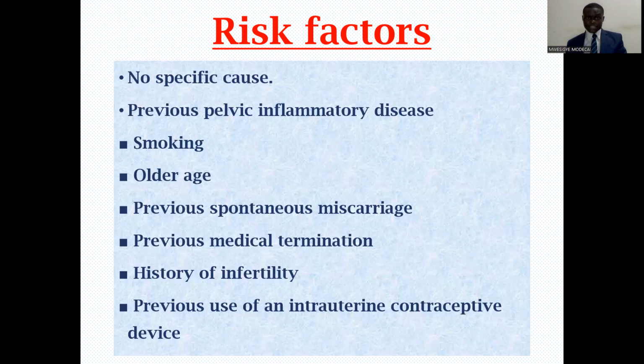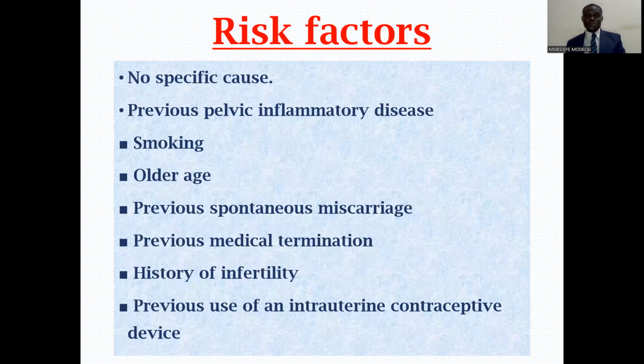Then another risk factor is previous spontaneous miscarriage. People who have had miscarriages eventually develop some scars, which can make the process delayed, and they end up with ectopic pregnancy.